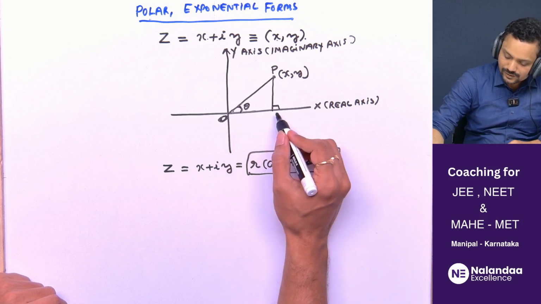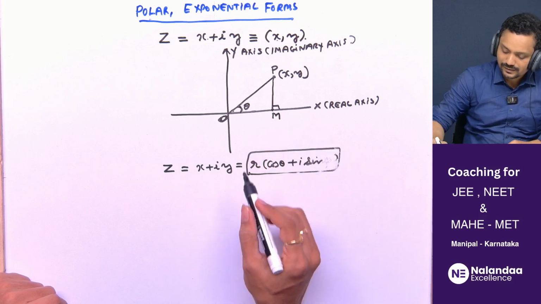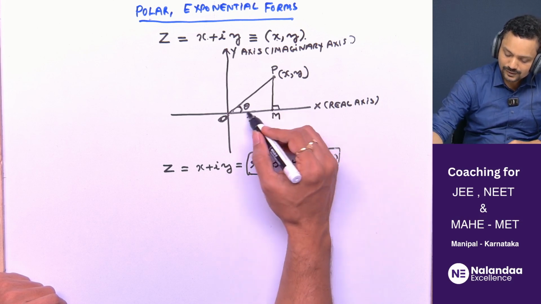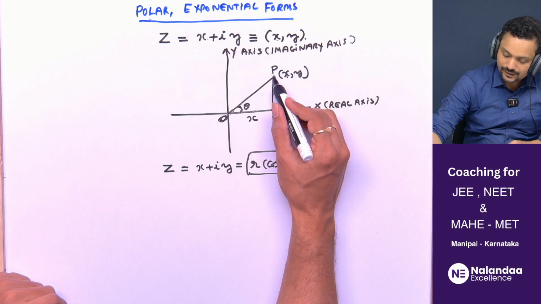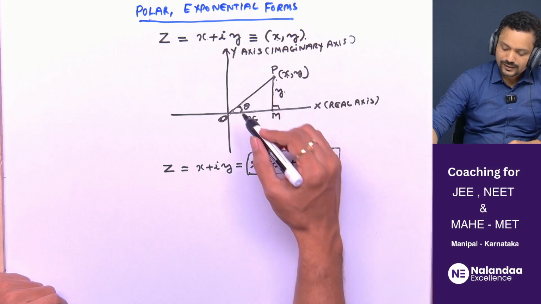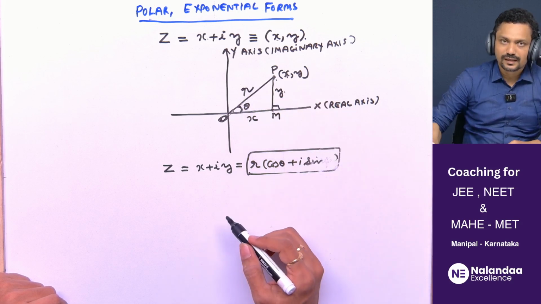If I call this point M, we know that the distance OM is actually x, because the horizontal distance is always the x coordinate, and the length PM is actually y. And this length OP, we'll give it a random name, we'll call it r.